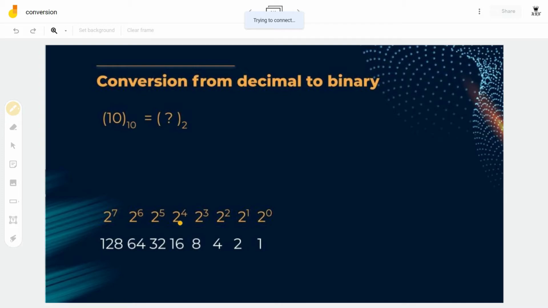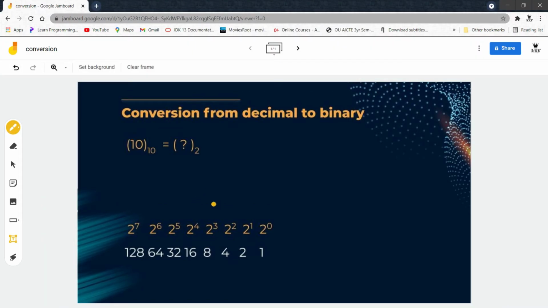And we need to check our target number is closest to which power. So in our case, 10 is closest to 8 and the number should be lesser than our target number. So we will write 1 here above 2 power 3 because 2 power 3 is equal to 8. So after writing 1 on 8 is satisfied, that is 8 is deducted. Now we are left with 2.